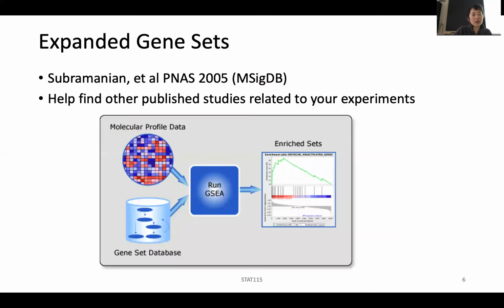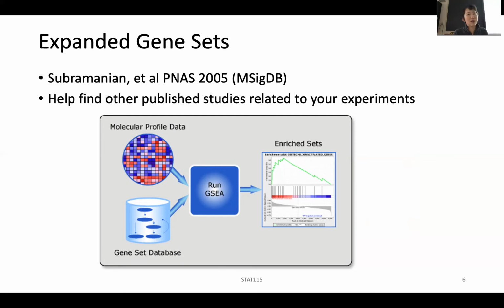So in this case, you can use GSEA to help find other published studies that might be related to yours. For example, if you're treating a cancer cell and you see some genes downregulated, and this group of genes happens to also be those genes that are causing a disease, then maybe that's an important drug you can use to treat the disease, right?